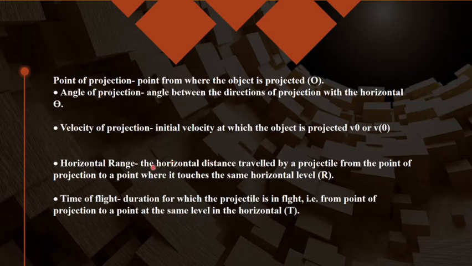That initial velocity is known as the velocity of projection. Horizontal range is the distance covered in the horizontal direction by the projectile, meaning along the x-axis, and that is known as R. And time of flight is simply the time during which the body is in flight. So these are the definitions which you should have in mind while doing the detailed study of the projectile.